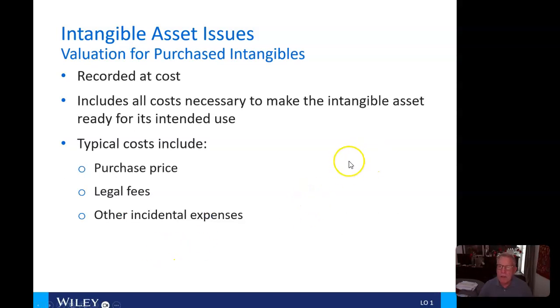So, how do we value the purchased intangibles? If we purchase them, we're going to record them at cost, and we're going to include all the costs necessary to bring that intangible asset ready for its intended use. Typical costs will include the purchase price, legal fees, and some other incidental expenses.